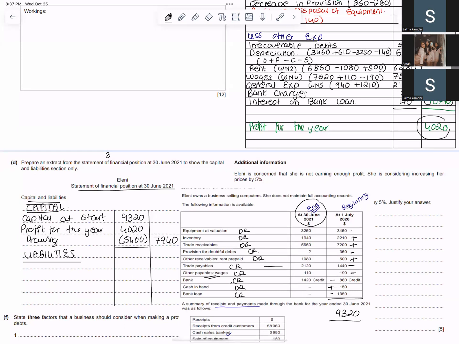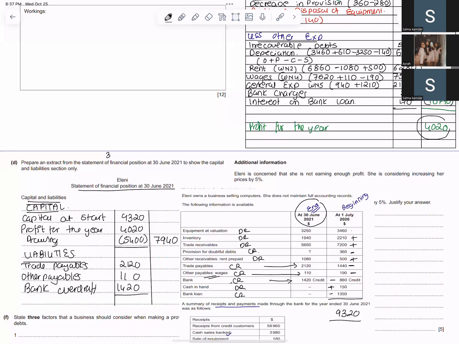So trade payables is your one liability, 210. Other payables is again your other liability, 110. And you have bank overdraft, 1420.